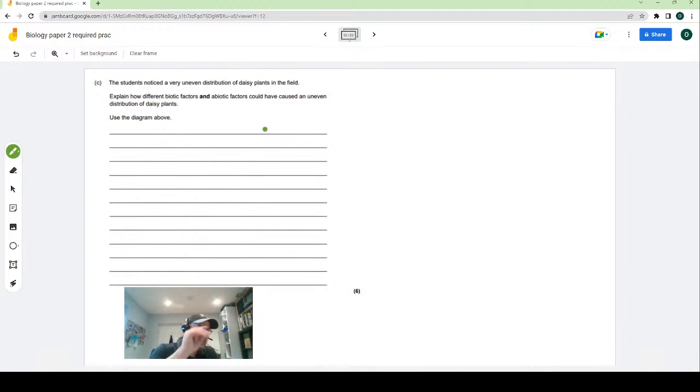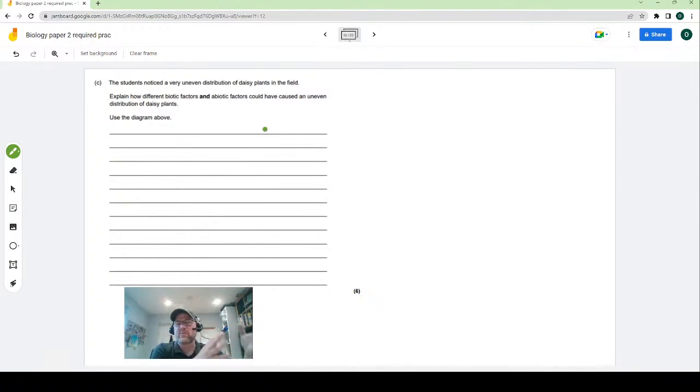Here's another one. The students noticed a very uneven distribution of daisies in the field. Okay, so we've got a 6 marker here. This is actually nothing to do with the quadrat experiment, but this is in your ecology. So explain how biotic and abiotic factors could have caused an uneven distribution of daisy plants.